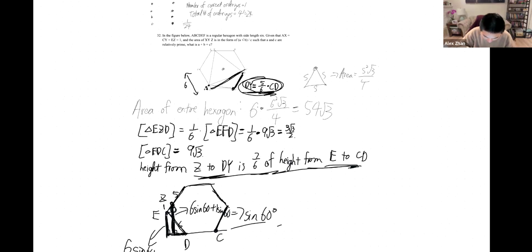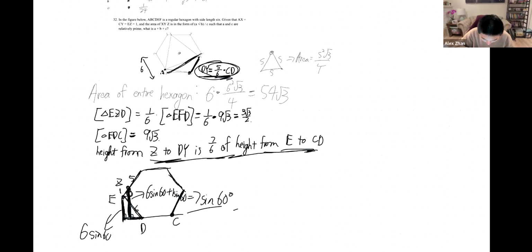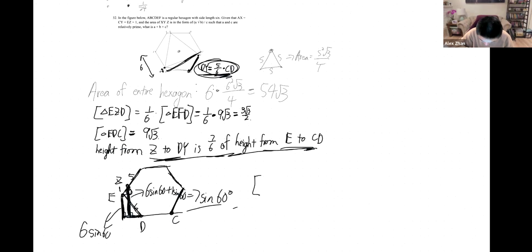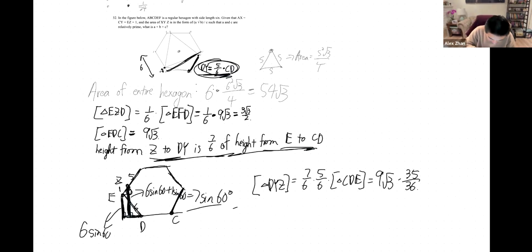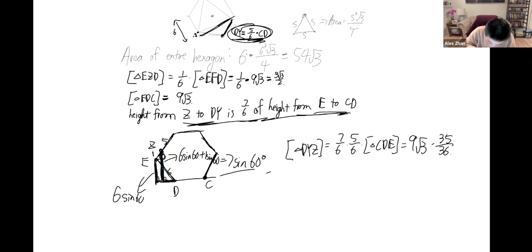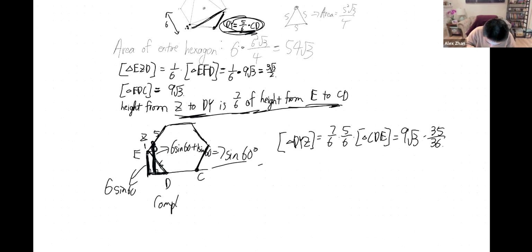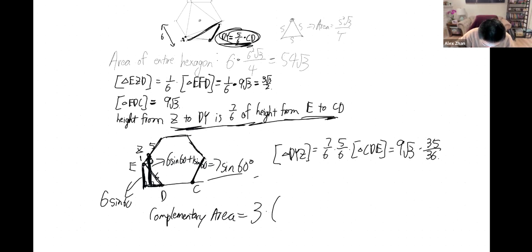Then this tells us that the area of triangle DYZ is equal to 7/6 times 5/6 of the area of triangle CDE. That's 9√3 times 35 over 36. So that's the complement. The complementary area is going to be 3 times the triangle EZD plus triangle YZD.